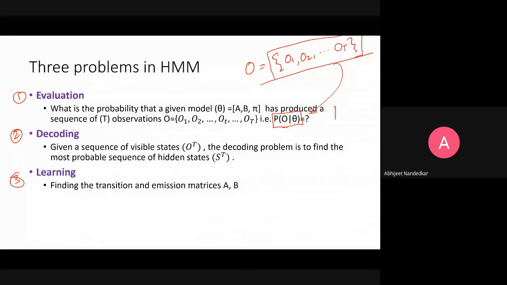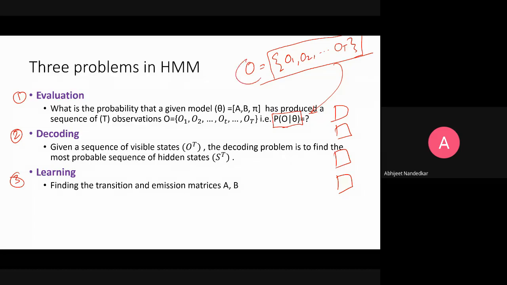Say you have many models for different purposes and you have seen this sequence O. Now out of these, I want to know which one has produced this sequence of symbols.